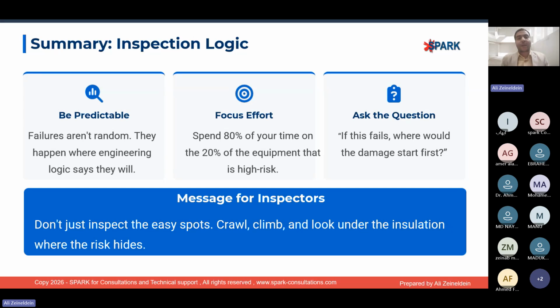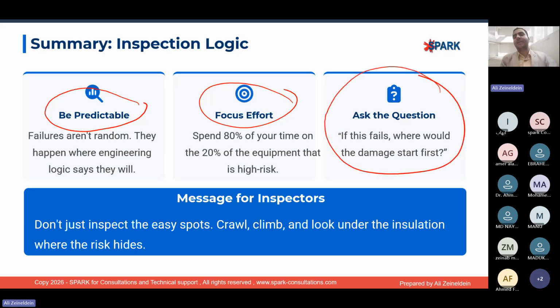Here, to summarize the importance of inspection: the inspection should be predictable and should focus efforts, and then finally apply some root cause analysis or investigation.